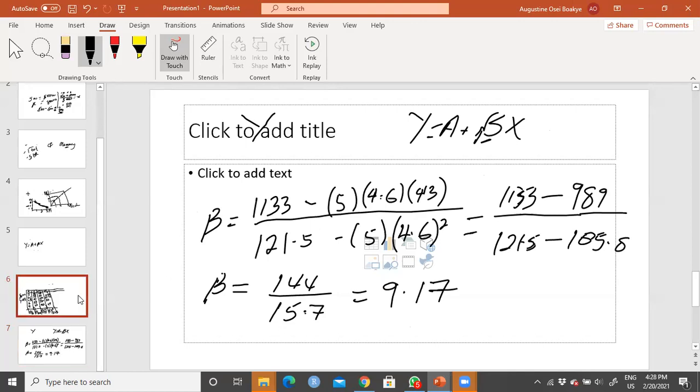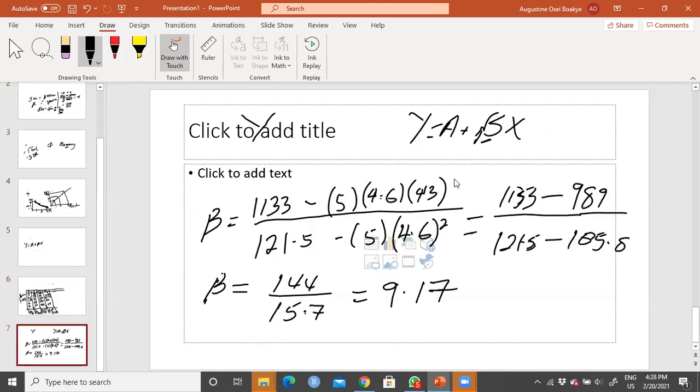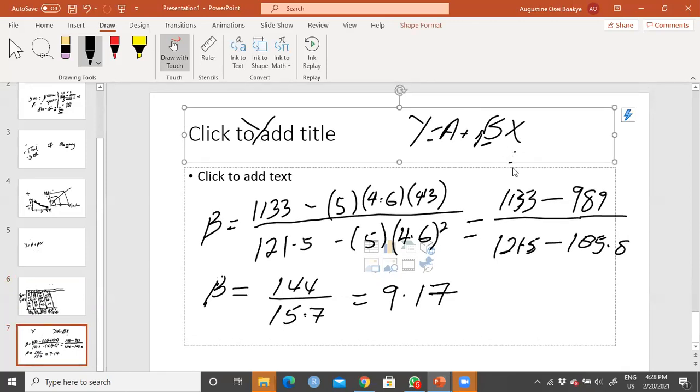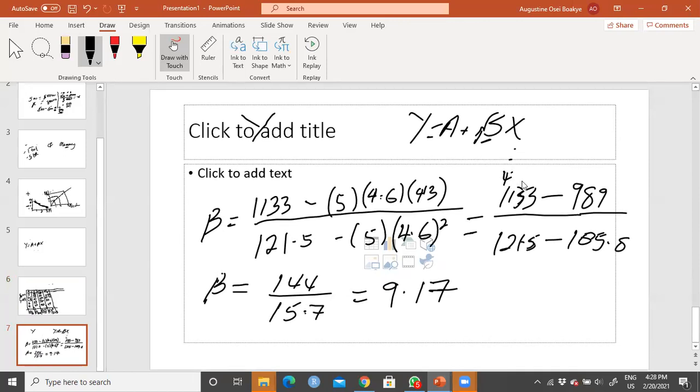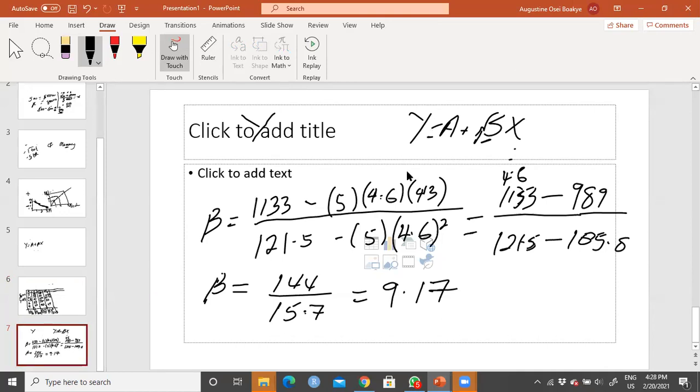Which means that according to our calculation, the x bar is what? 4.6. So let's write it down. 4.6. Then the y bar is also what? 43. Hello, please, are you following?